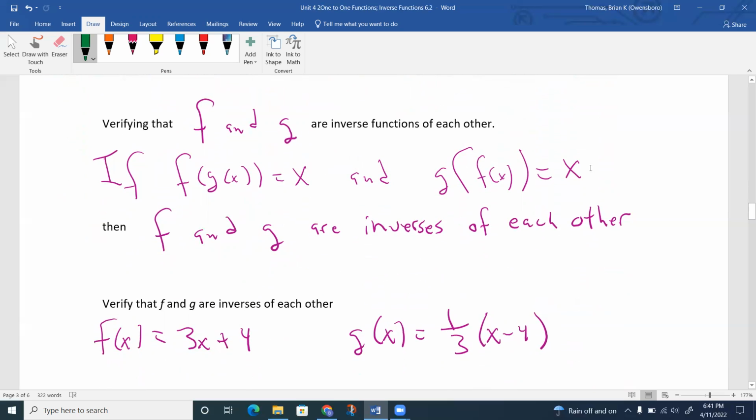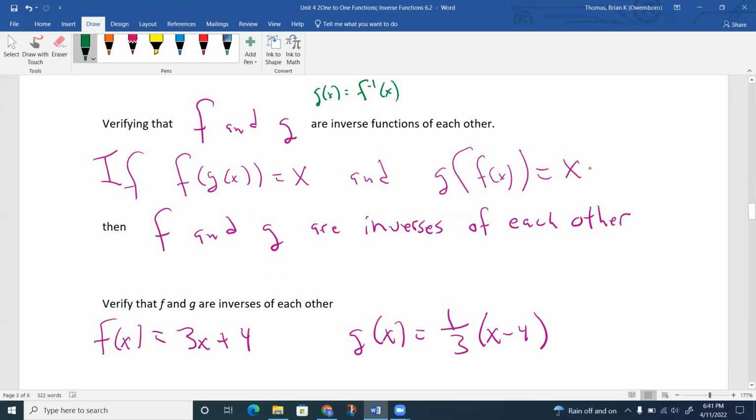So verifying that f and g are inverses of each other. As we move forward, we're going to start trying to find a function and its inverse. Instead of using f and f of -1, a lot of times, g of x is going to be in place of f of -1 of x. It's easier to write.